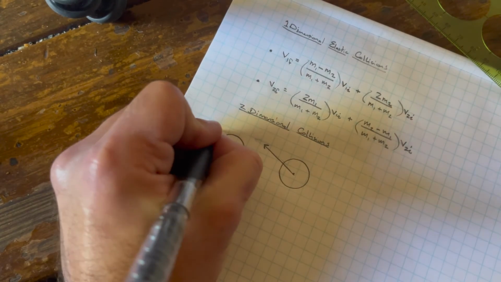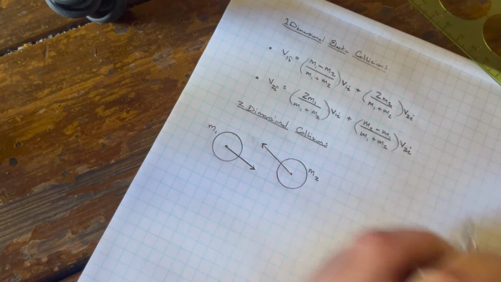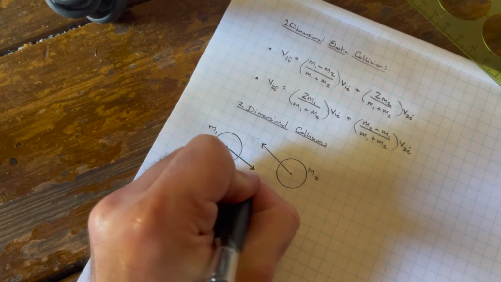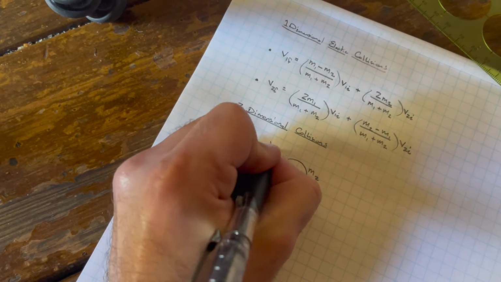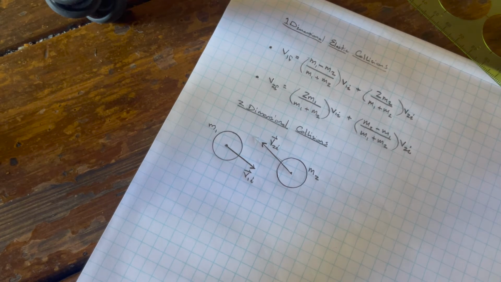And we'll call this one particle 1, M1. This one particle 2, M2. And we'll have some V1 initial, it's a vector, and some V2 initial, and it's a vector.